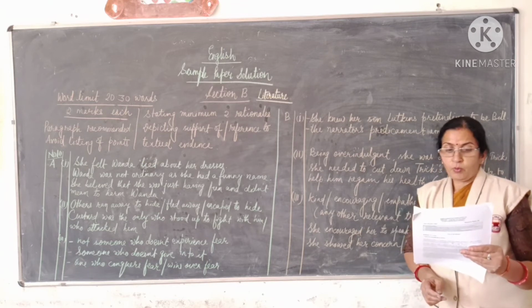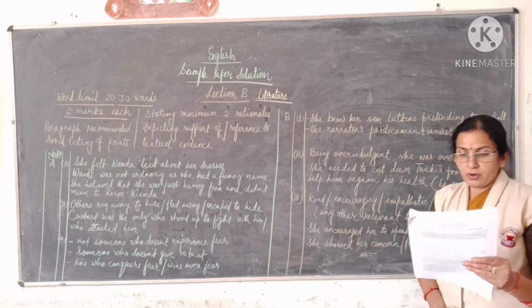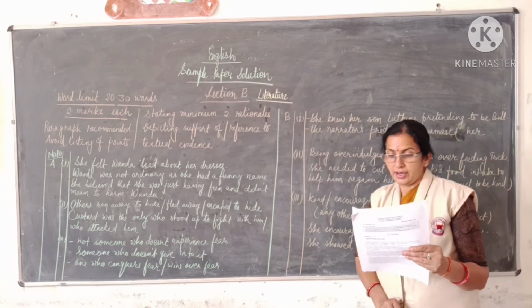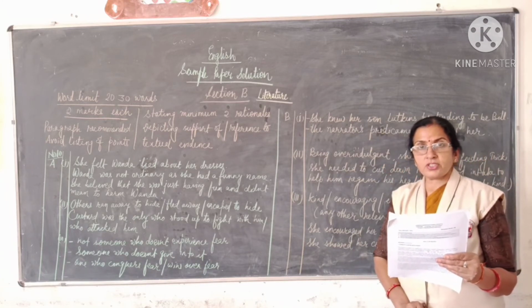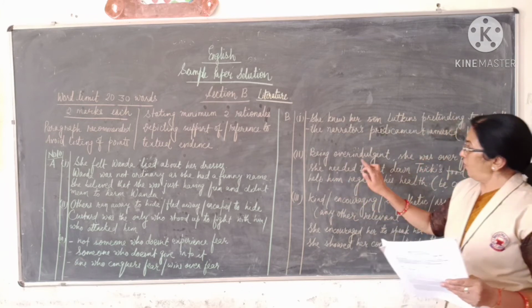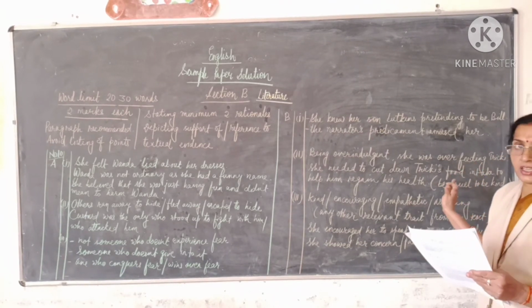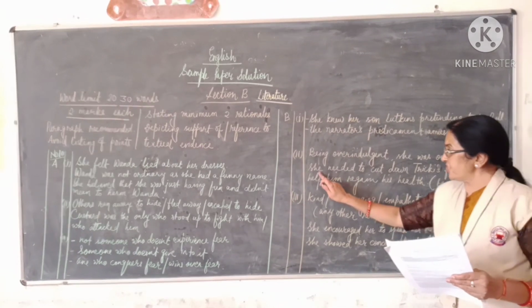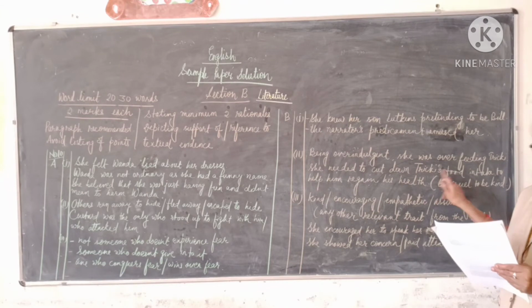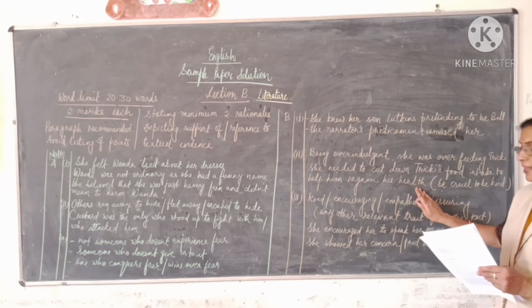Next question, why was it important for Mrs. Pomfrey to be a little cruel in order to be kind towards Tricky? Here, being over-indulgent, she was overfeeding Tricky, and she needed to cut down Tricky's food intake to help him regain his health.